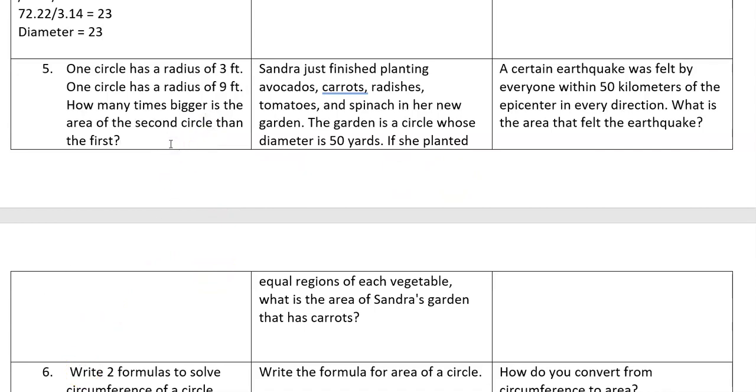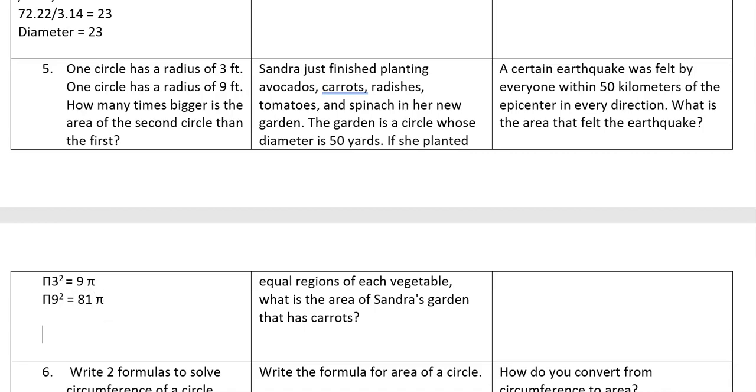So the circle with a radius of 3 would be pi r squared, pi times 3 squared, and that would be 9. Equal to 9 pi. The next one, pi, and then we're going to take the 9 squared, and that would be 81 pi.